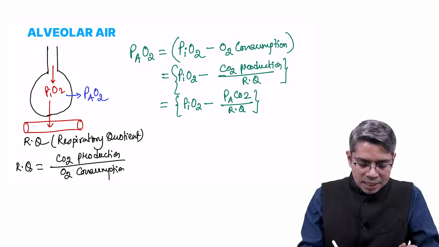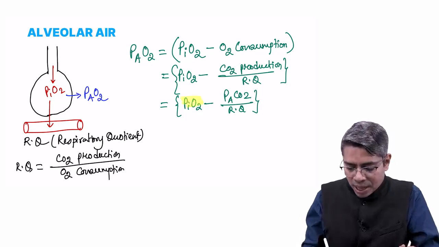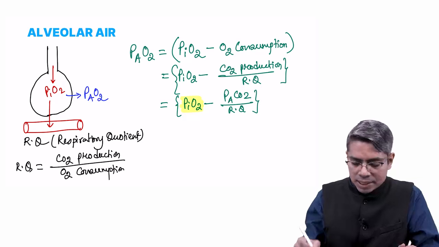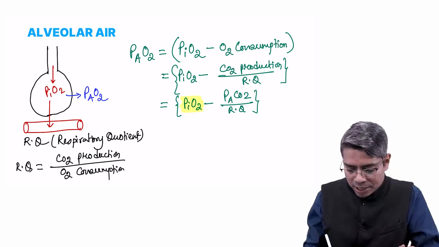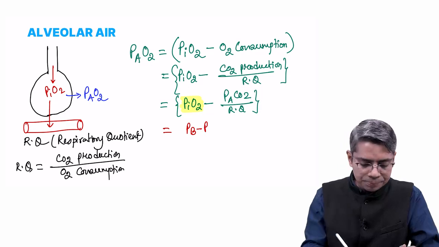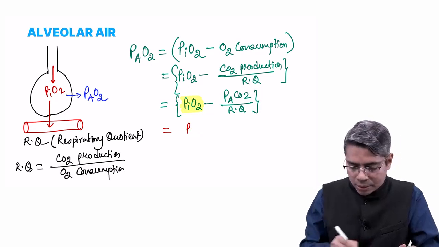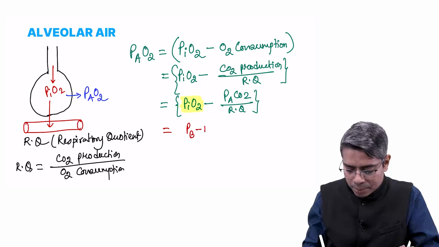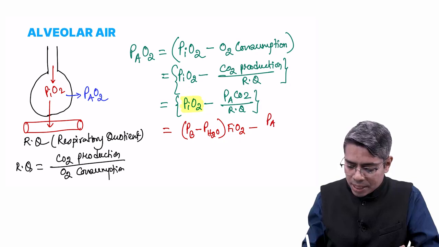Now, what we have seen earlier is that PiO2 is going to be calculated like this: PB minus PH2O multiplied by FiO2, minus PaCO2 upon RQ.